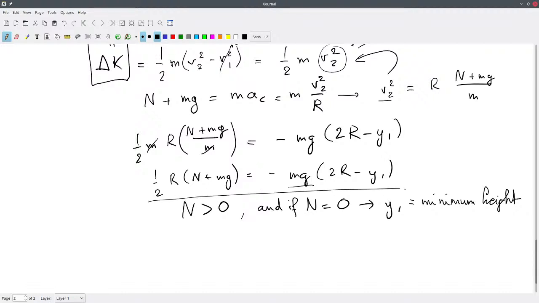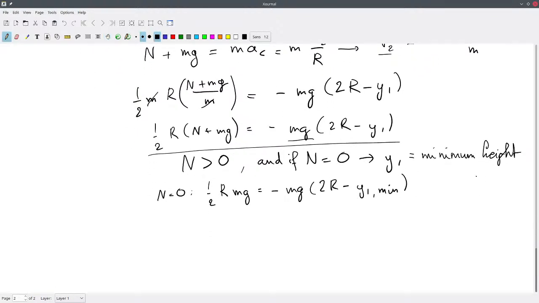So let's solve this equation now for n equals 0. If n is equal to 0, then we find 1/2 r mg is minus mg 2r minus y1. This is now the minimum value for the height. And now, of course, we can rewrite this again. mg is going to drop out, so we end up with 1/2 r plus 2r is equal to y1 min.